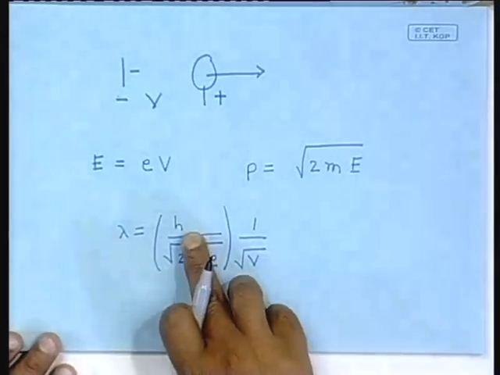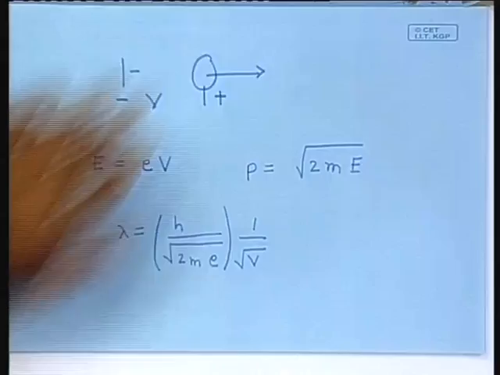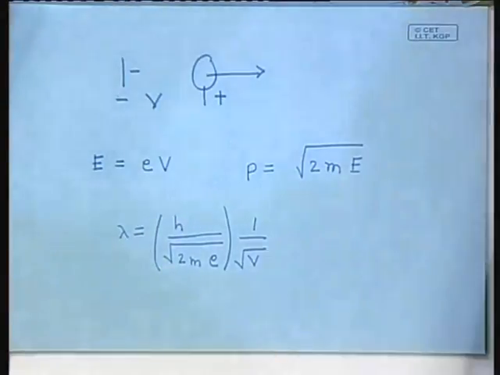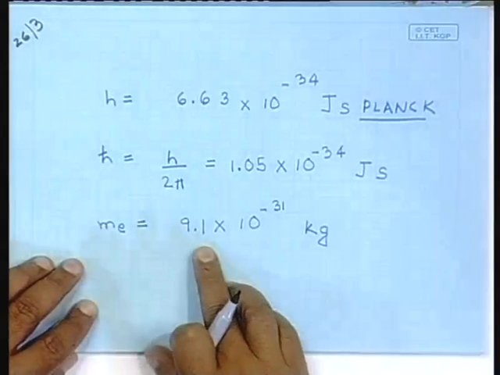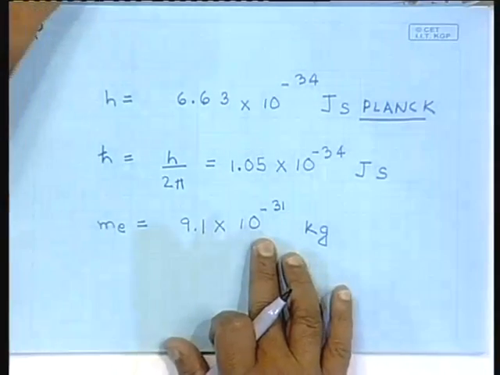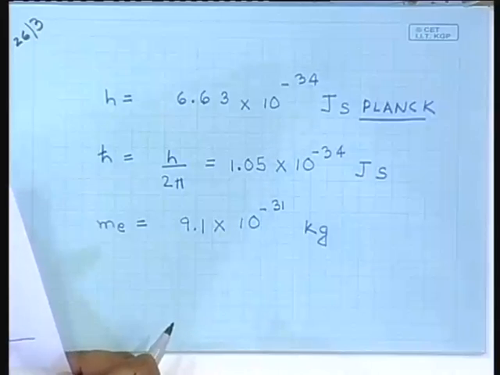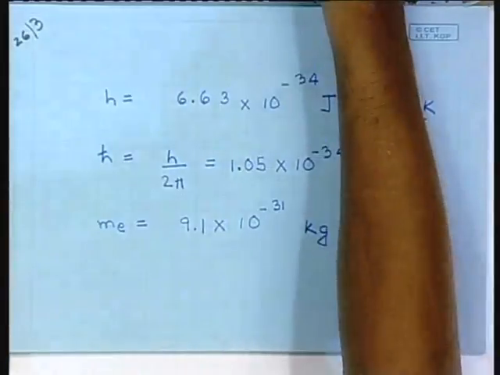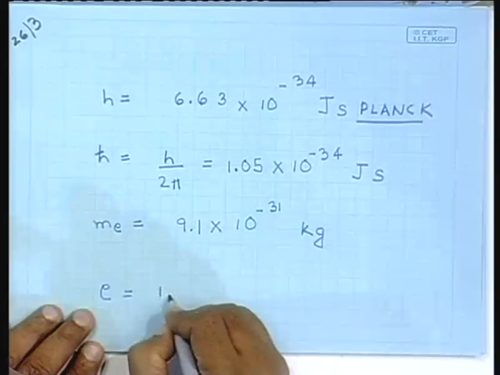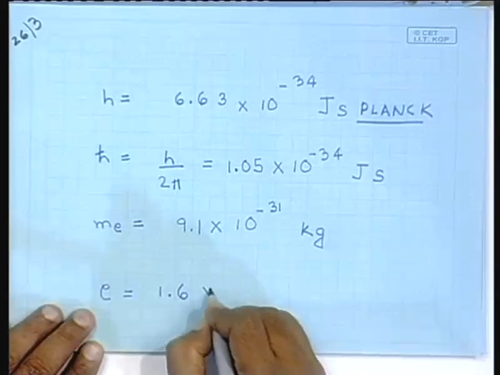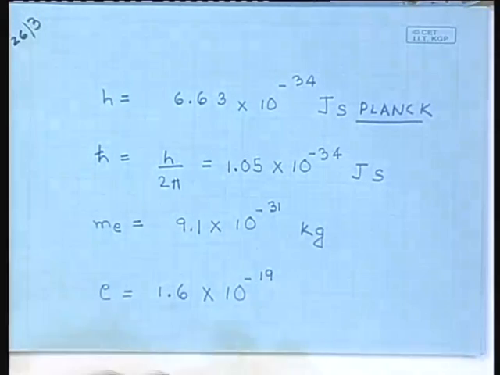So, the Planck constant we know is 6.63 times 10 to the power minus 34. The mass of the electron is 9.1 times 10 to the power minus 31 kgs, and the electron charge is 1.6 times 10 to the power minus 19 coulombs.